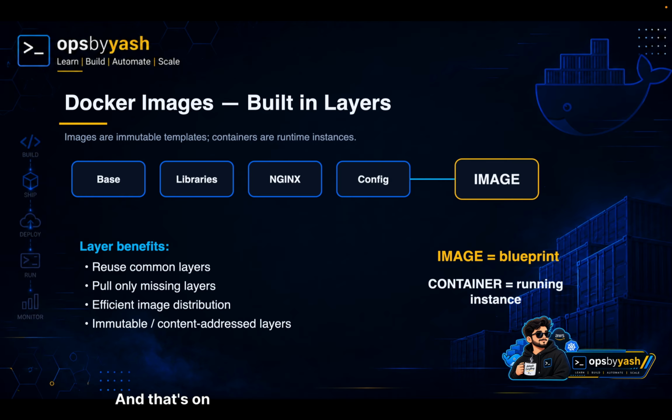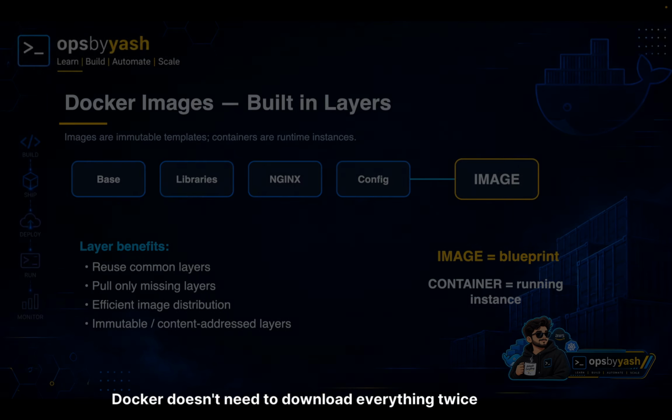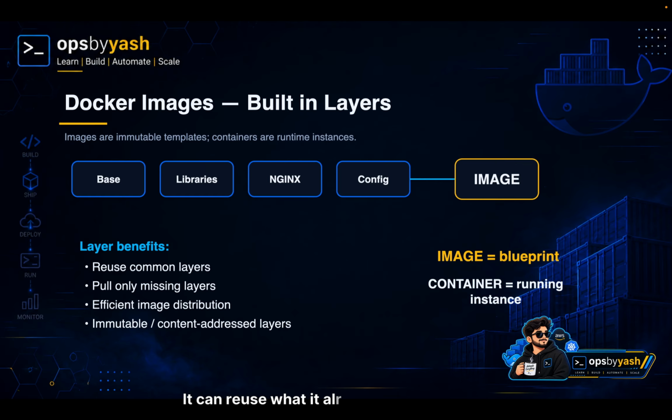And that's one reason Docker images are efficient. If two images share the same base layers, Docker doesn't need to download everything twice. It can reuse what it already has. So remember this simple analogy: images equal blueprint. Containers equal running instance of that blueprint.